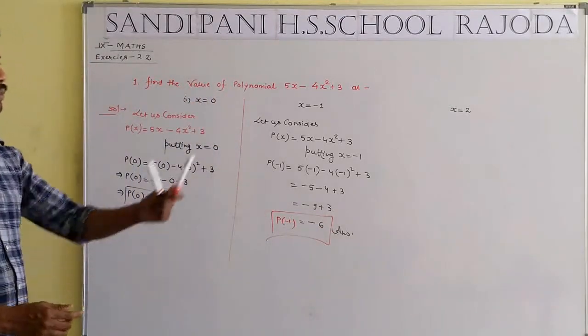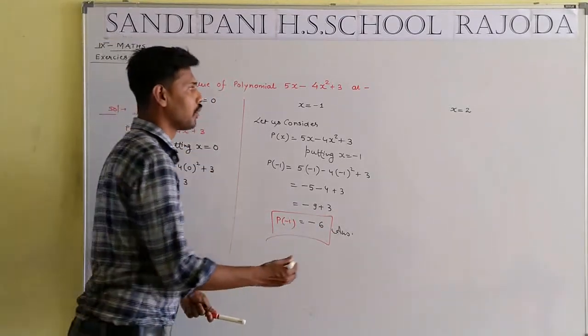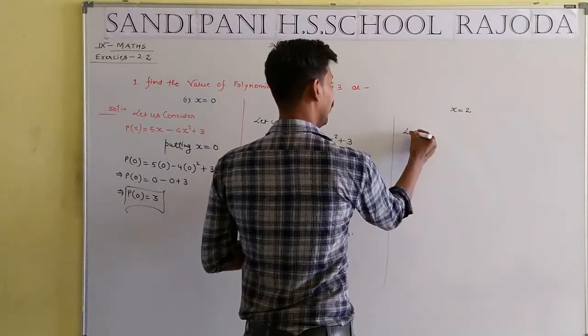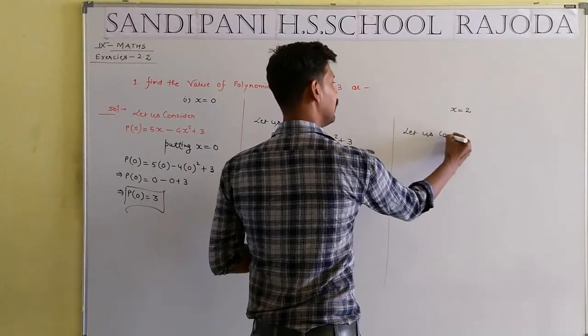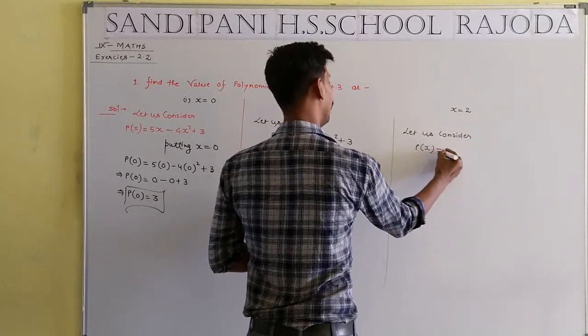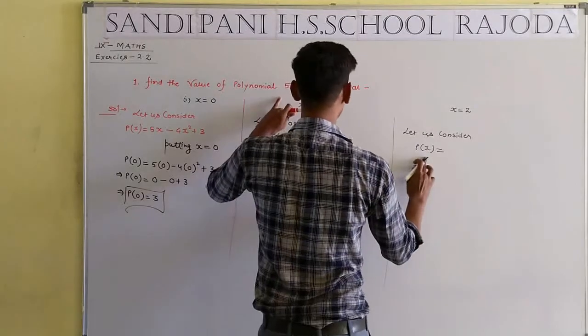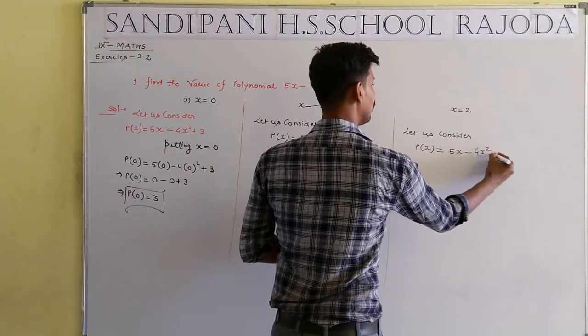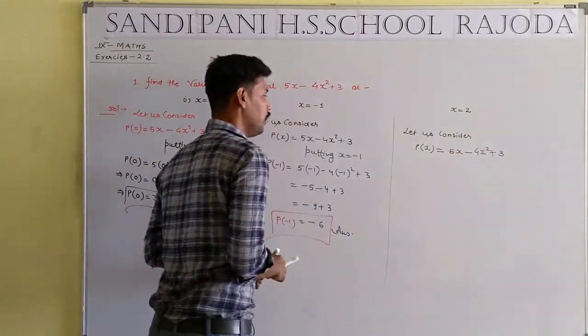Now the third part of the question, x will be equal to 2. How do we solve? Again, let us consider the polynomial in the form of x. So we take p(x) equal to 5x minus 4x square plus 3.